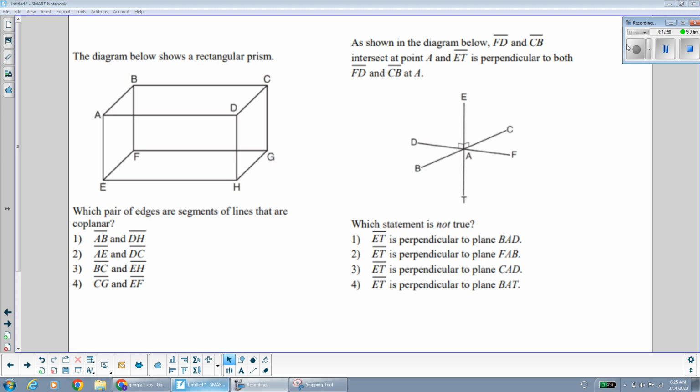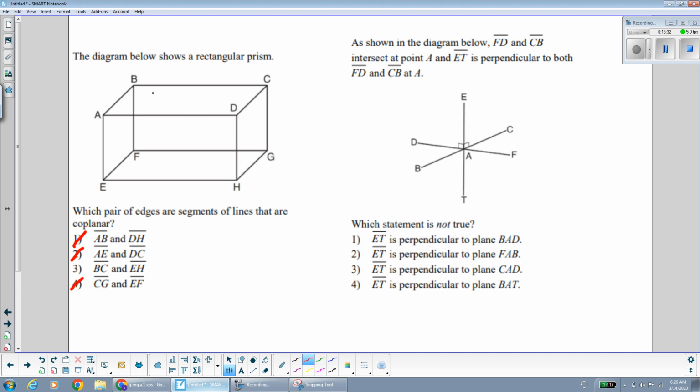For the first one, the correct answer is choice 3. AB and DH are on different planes. They're on different rectangles of the solid. AE and DC are also on different rectangles. CG and EF are on different rectangles.